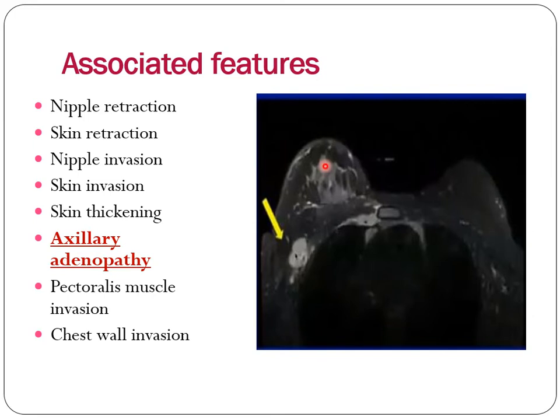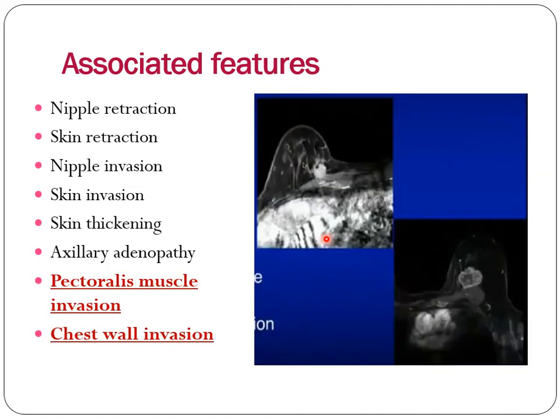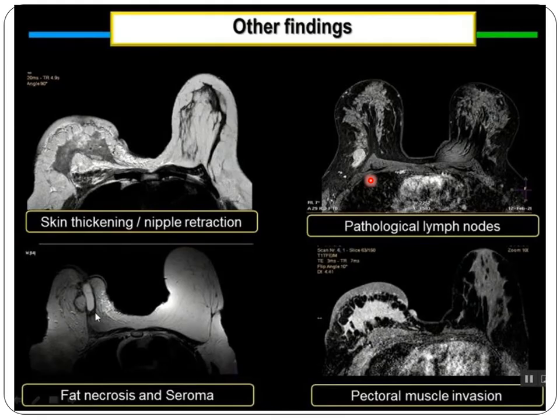Axillary lymphadenopathy: here is shown an axillary lymphadenopathy, and you also have to comment on it in the MRI report. And the pectoralis major muscle here, as shown, is very difficult to see by the other modalities, mammogram or ultrasound. Other findings briefly: skin thickening, as shown here on the right side, with nipple retraction.